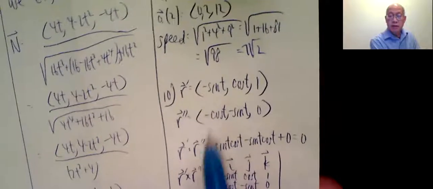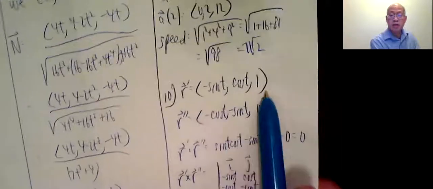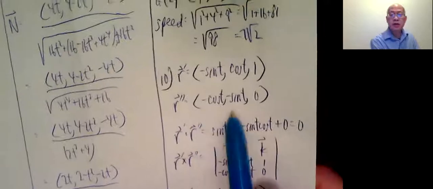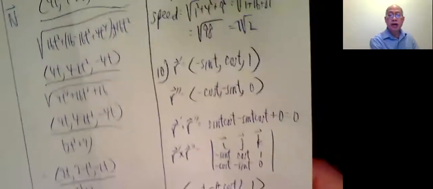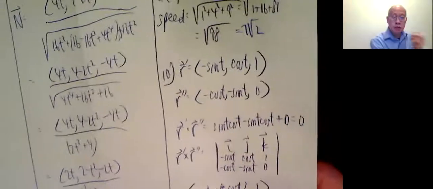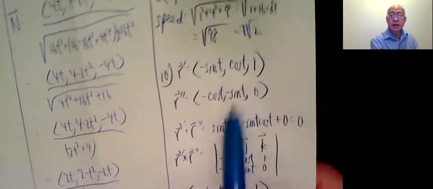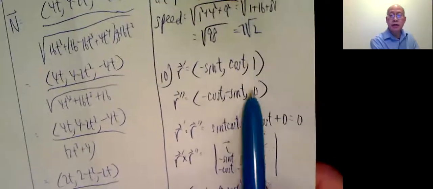And then tangential and normal components. So r prime is negative sine t, cosine t, 1. r double prime is negative cosine t, negative sine t, 0. Dot product: that times that is sine t cosine t. That times that is negative sine t cosine t. That times that is 0.